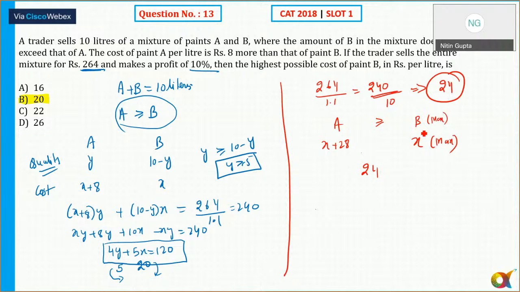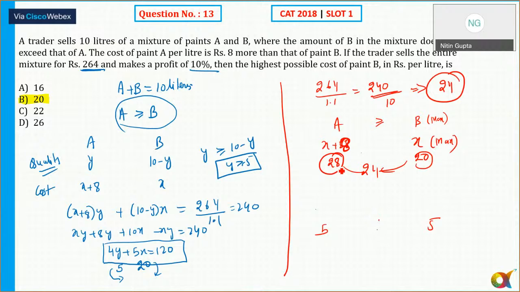So I take the ratio 5 and 5. If this quantity is 5, this quantity is also 5, so in that case, the ratio of the quantity is 1:1. That is only possible if it is 20 and 28. For 28 and 20, the average will be exactly in the middle, which is 24. All right. So yes, it is x plus 8, not 28. X plus 8, Nikita. By mistake, I have written x plus 28.